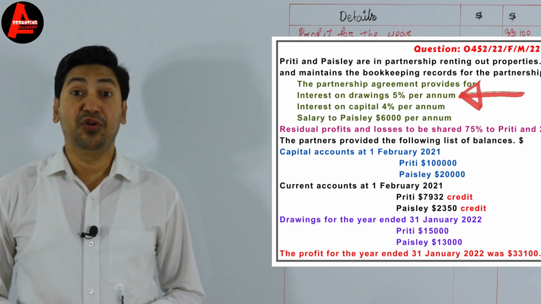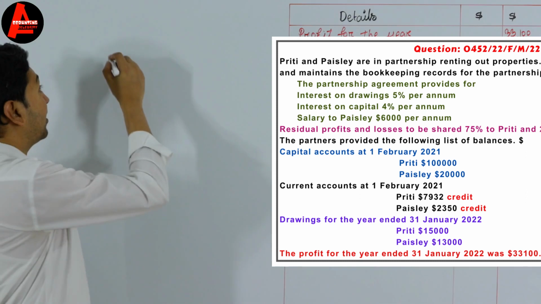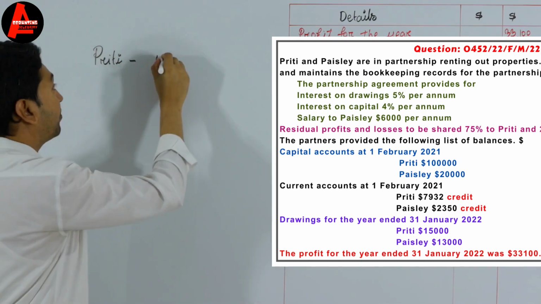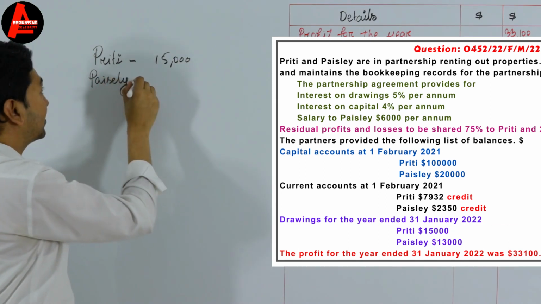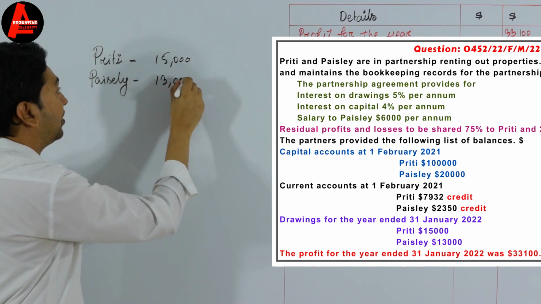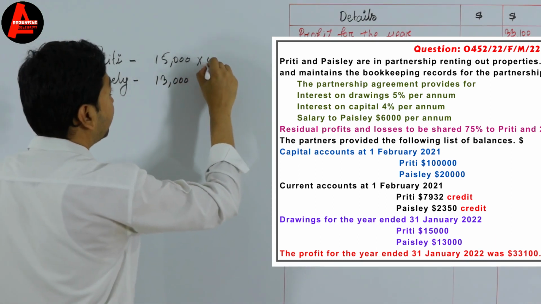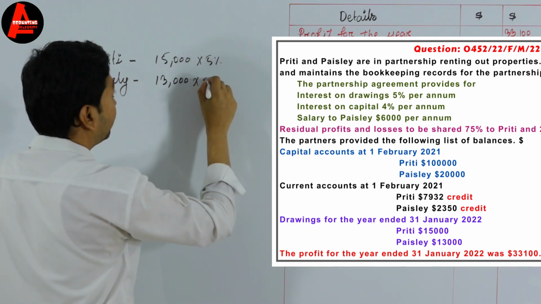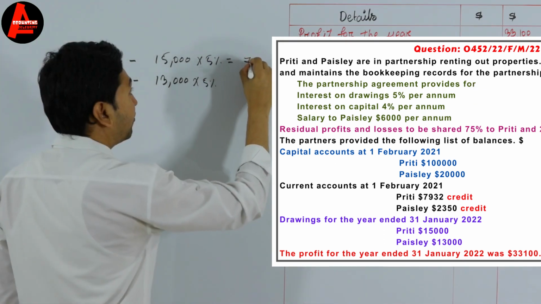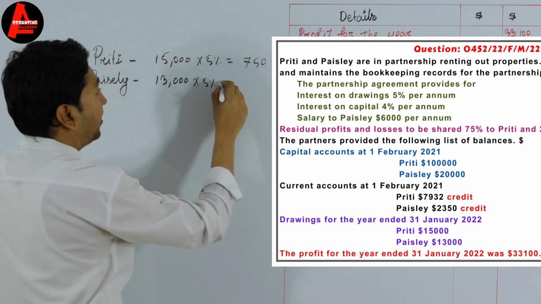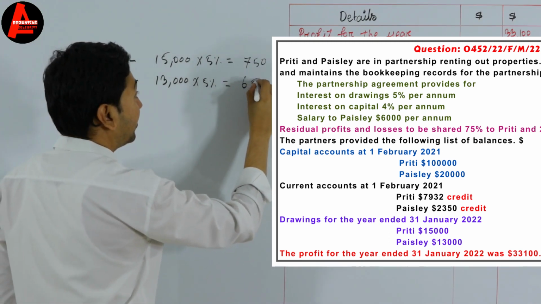Okay, so now we need to know the value of drawings. Okay, for Preeti it is $15,000 and for Presley it is $13,000, right? So let us multiply the rate of drawings, which is 5%. If you multiply 15,000 by 5%, it is $750. And if we multiply 13,000 by 5%, it is $650.